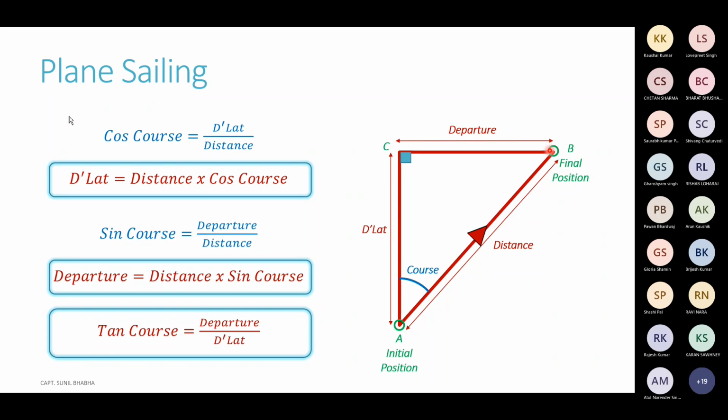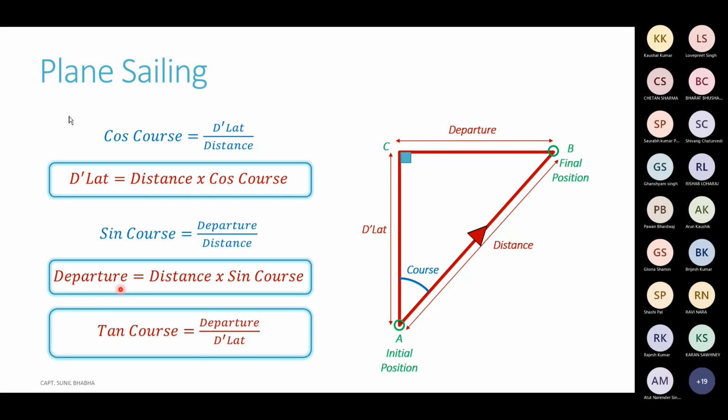Now just to give you a lead, if you know the initial position, you know the course and you know the distance. If you apply the first formula, the course is known, the distance is known, you can get the DLAT. If you apply this DLAT to your initial latitude, you will immediately get the final latitude. Now, when you come to the second formula, we have the distance, we have the course. So when we put these values, we can easily calculate the departure.